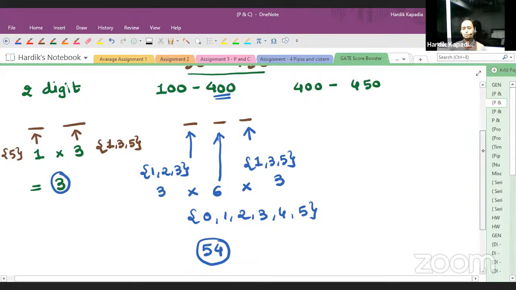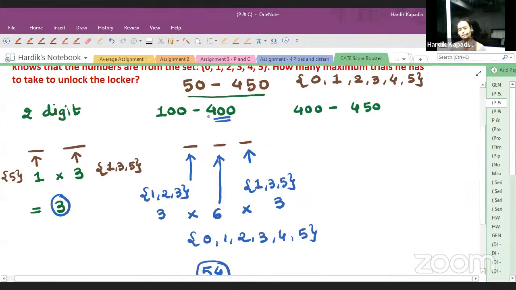So either it is a two-digit number, or it is a three-digit number from 100 to 400, or it is from 400 to 450. So now for this three-digit number, for the first digit, it has to be 4 only, because it is from 400 to 450. So it is 4 in one way. For the middle digit, it has to be 0, 1, 2, 3, and 4 only, because if we use 5, then the number will be 451, 452.